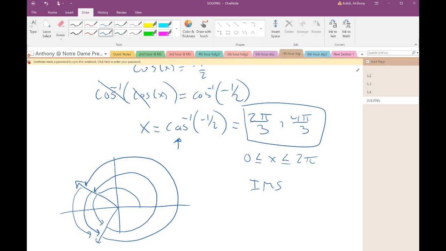That's what we did to find the 2 pi over 3 and the 4 pi over 3. We did not use our calculator because the negative 1/2 is a unit circle value. Okay. We'll do one in a moment where we do need to use our calculator.